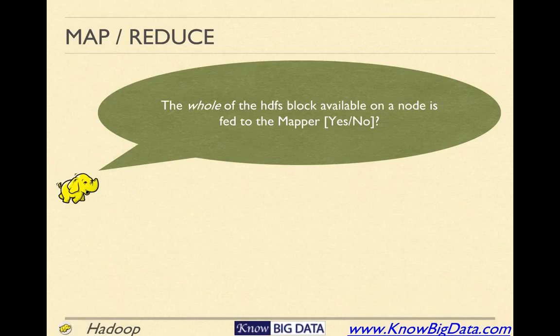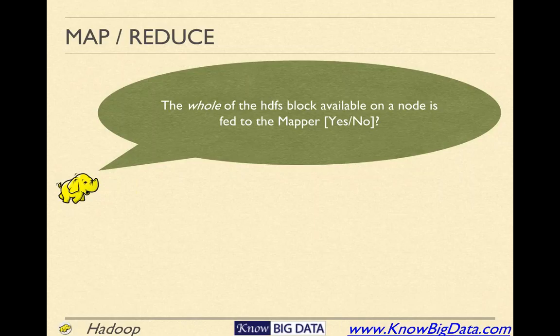Now, this is a question which I don't expect you to answer, and if you do answer, I don't expect you to answer correctly. Okay? The question is: is the whole HDFS block on a node fed to the mapper?